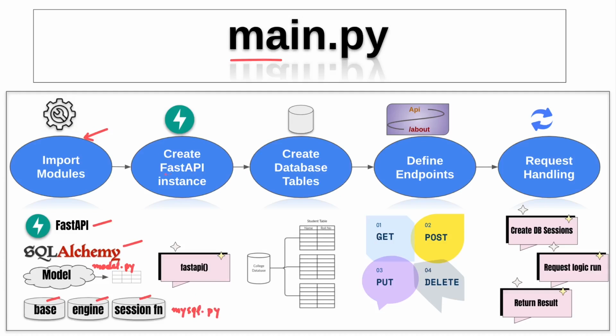Then we create the FastAPI instance, basically the object. Then we create the database tables with the help of metadata.